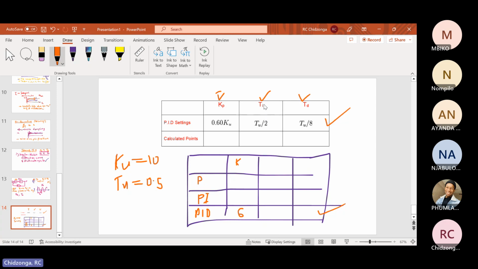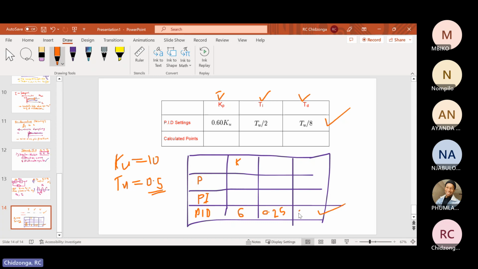The integral time constant Ti says set it to half the value of the ultimate period. You measured and found that the ultimate period is 0.5, which means you must set this to 0.25. And lastly, it says the TD, set it to TU divided by 8, which is 0.5 divided by 8.